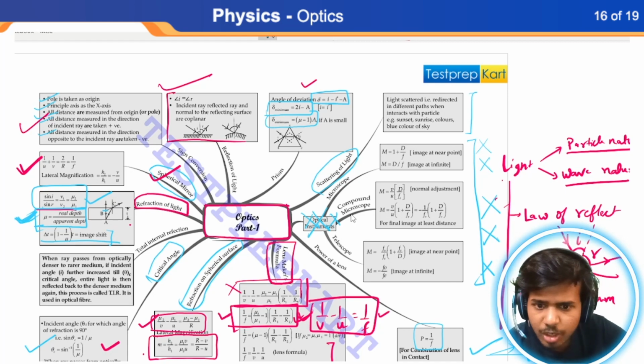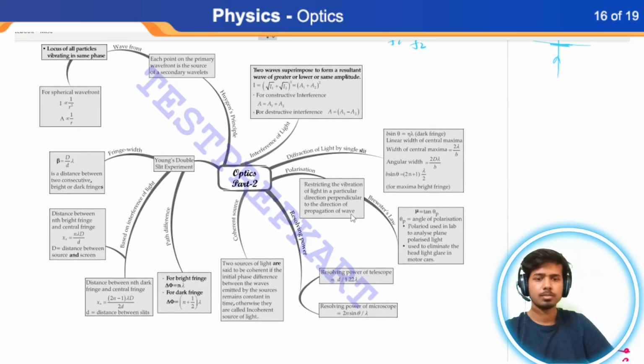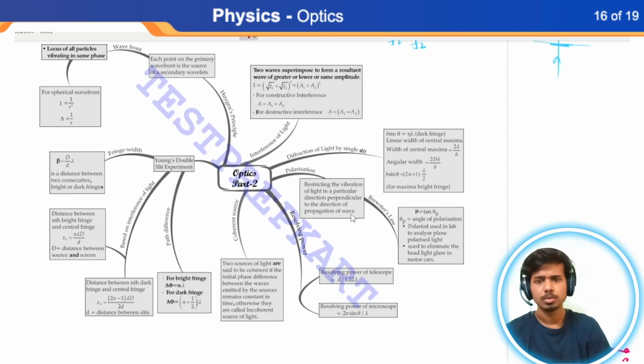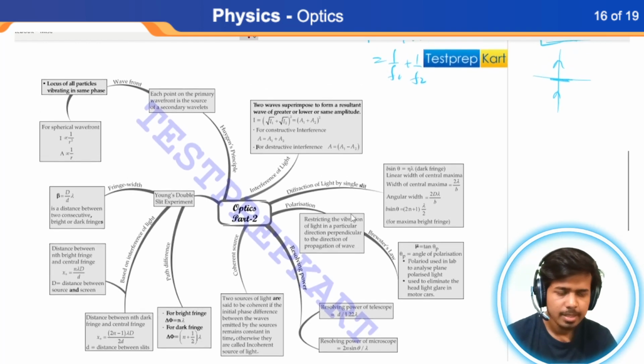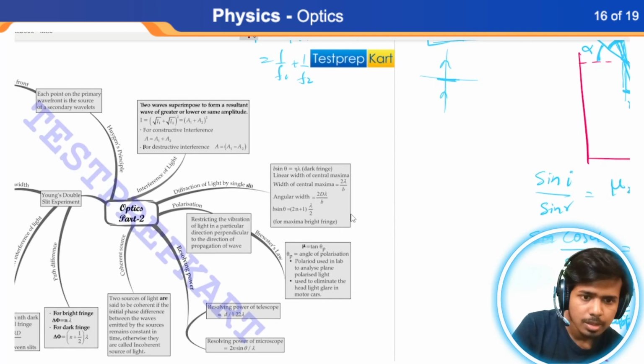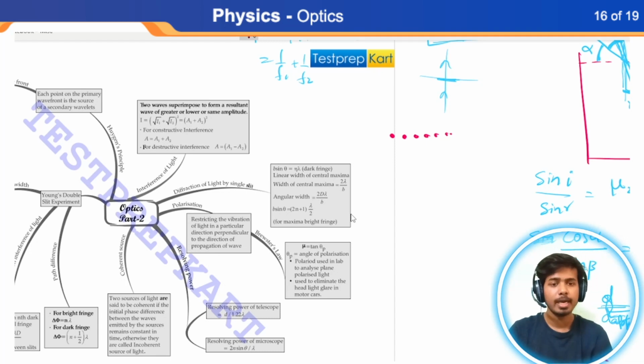So this was the ray optics that we have discussed over here, and we'll talk about the wave optics now. This is again very straightforward, formula based, nothing else. So this is the particle theory, that light has particles, these are called photons, and they behave in the same way that a ball does, that it will go in a straight line when given a velocity and things like that.